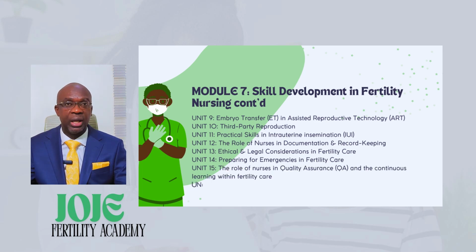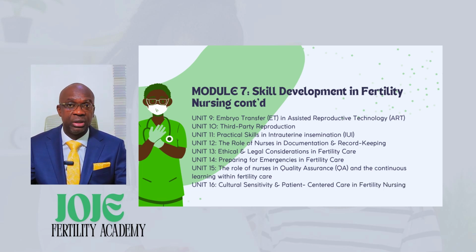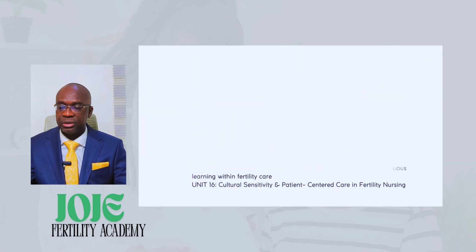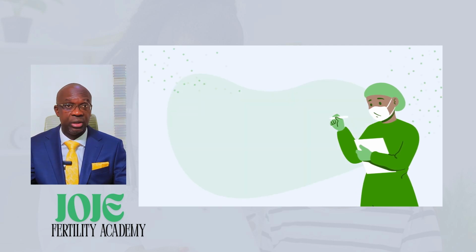The last two units will be the role of nurses in quality assurance and continuous learning within fertility care, and cultural sensitivity and patient-centered care in fertility nursing. Quite a lot will be covered under skill development in fertility nursing.